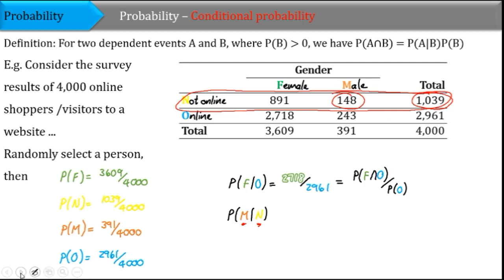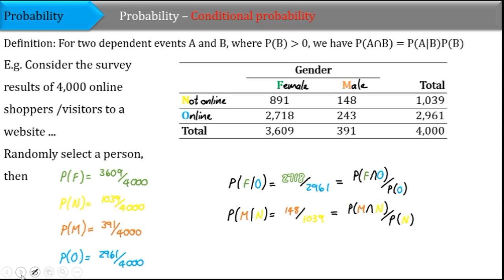So it should be 148 over 1039. And the way in which we calculate it by the definition is the same. We'll take the probability of the intersection, male and not online, and we'll divide it by the probability of that.